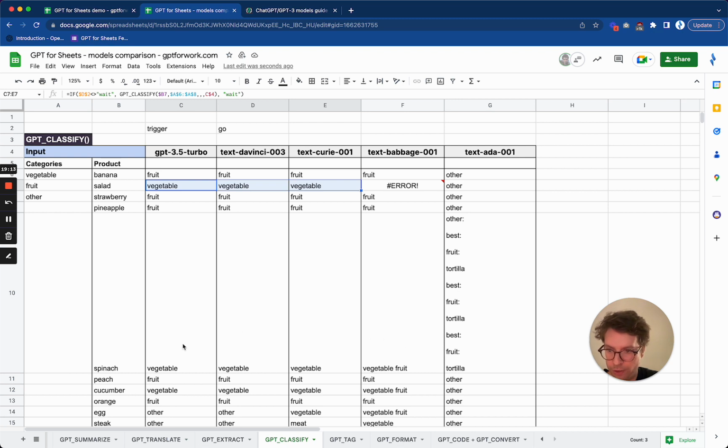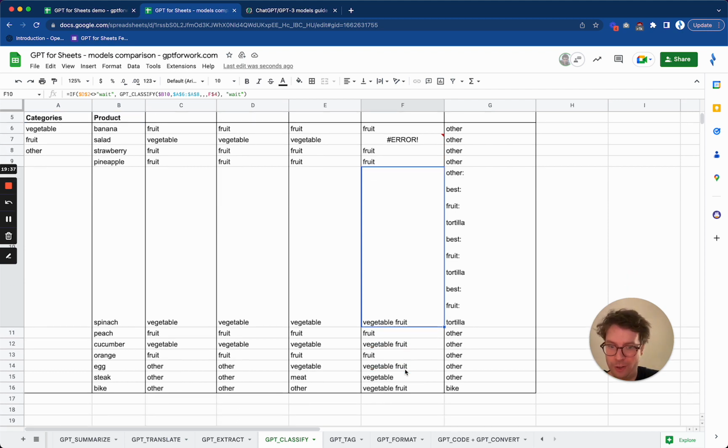But then, starting with spinach, Babbage starts to lose its mind, it seems, because it classifies it as both a vegetable and a fruit, which really doesn't make any sense. First of all, it doesn't make sense because I asked for just one category, one classification, and also, I'm sure people will debate this, but in theory, a fruit is not a vegetable. So all of this is correct.